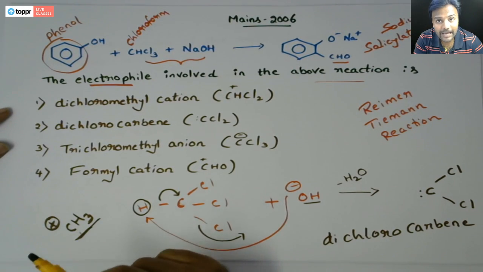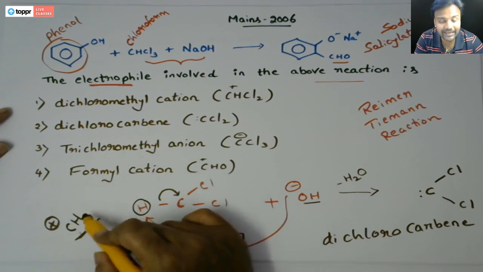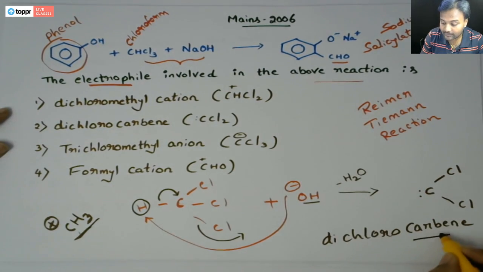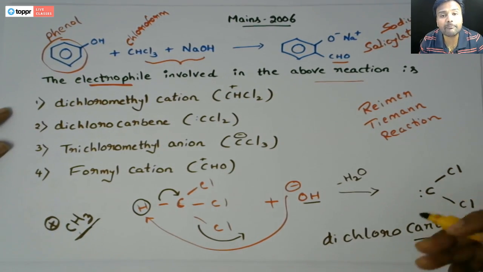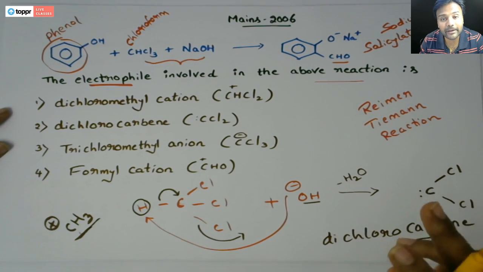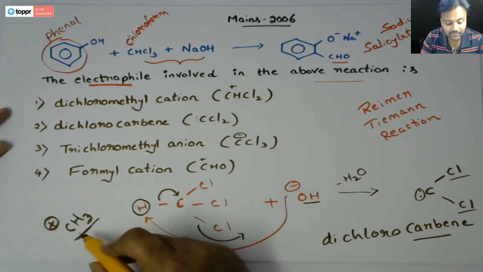So carbon wants to become stable by accepting electrons, so immediately it will attack a nucleophile. In the carbene case, it is even more reactive. Why? Because it is deficient by 4 electrons. You can see here the valence of the carbon is only 2, so it is even more reactive than this.